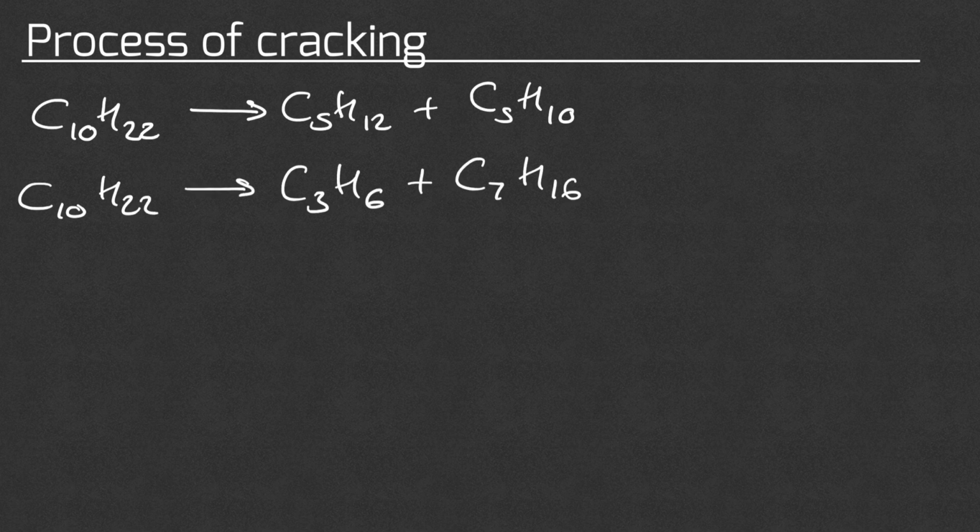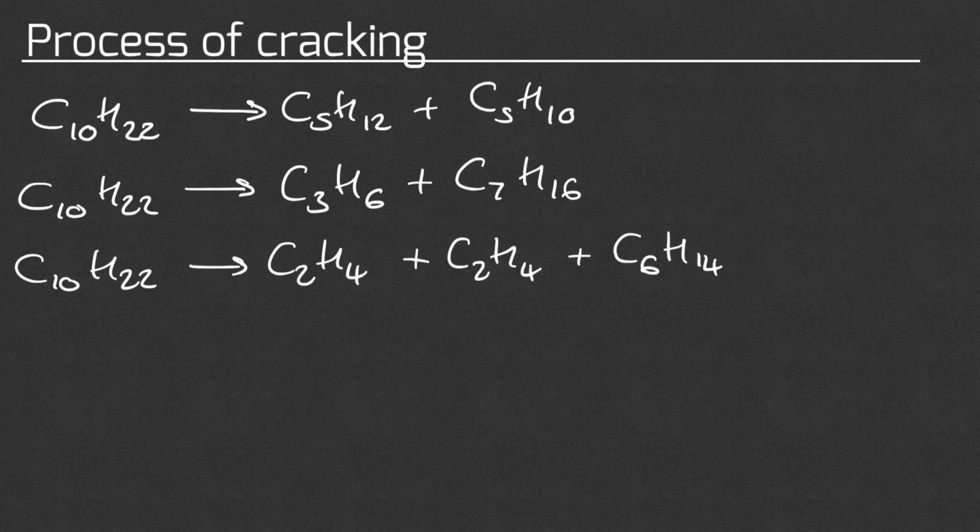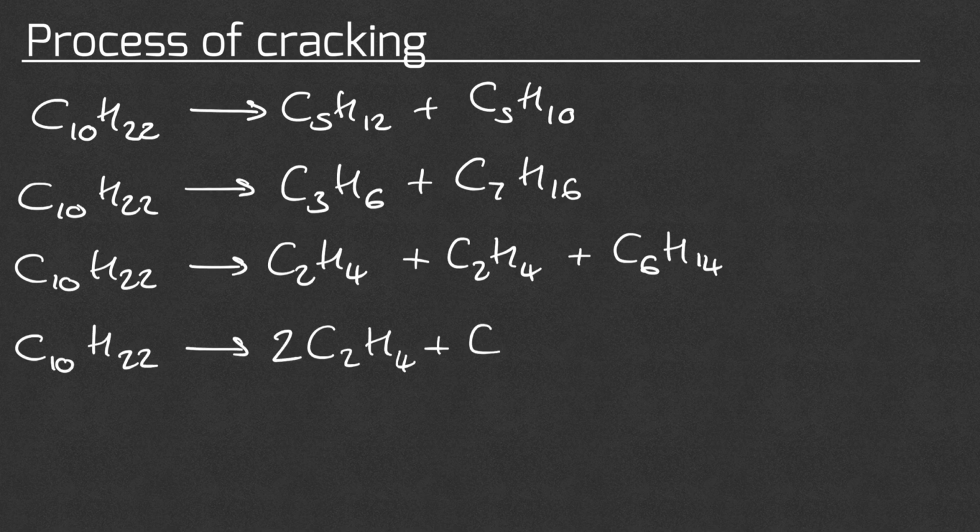It could also be cracked and broken down into C3H6 and C7H16. You might form more than one molecule, so we can crack C10H22 into 3 molecules, a C2H4, another C2H4, and a C6H14. This can be simplified though by writing 2 lots of C2H4.